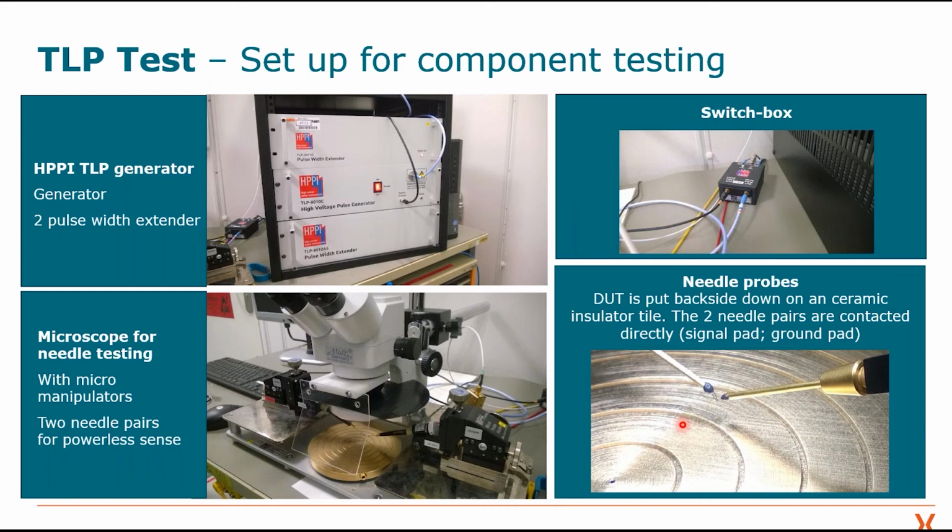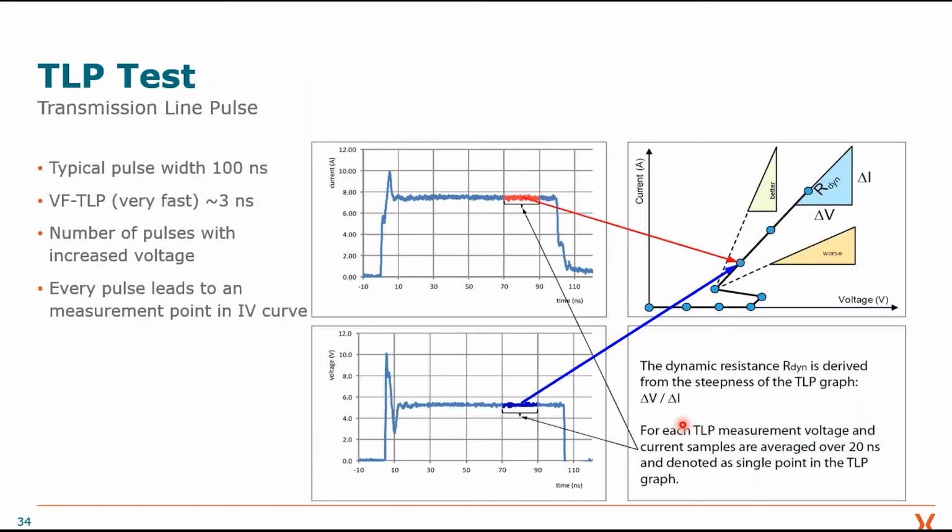And in addition, we also use this TLP testing to analyze the internal ESD protection of the PHYs, which is also important to know, and we use it for troubleshooting too. So what is the result you get from this TLP?